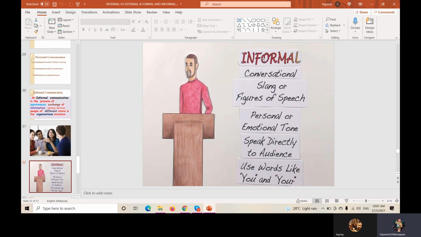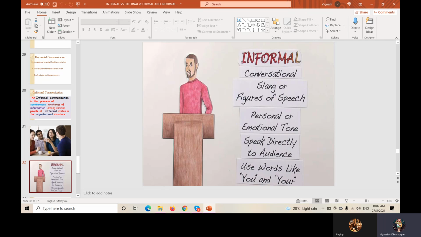It's a normal conversation between the members, and slang and figures of speech don't matter. You can use any slang you want. Also you can use your personal or emotional tone, because you are speaking directly, and everything you pass directly, spontaneously you will get the feedback. We call it informal communication.